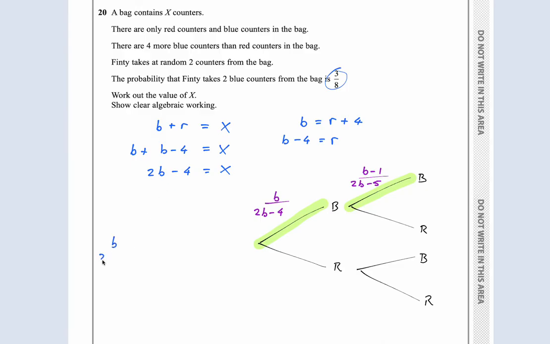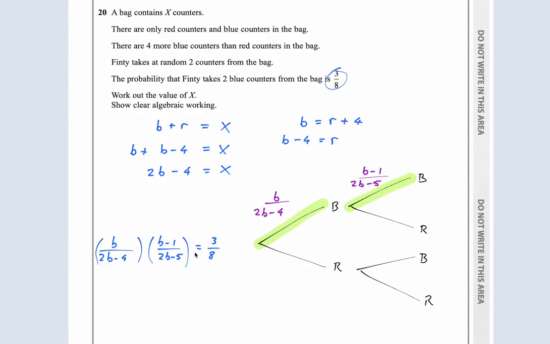So B over 2B minus 4 times B minus 1 over 2B minus 5 equals 3 over 8.